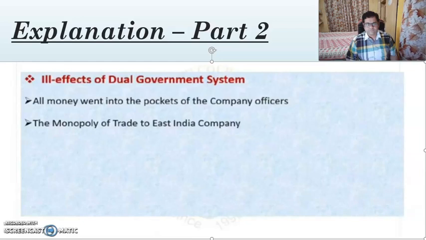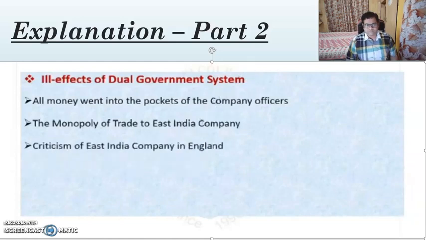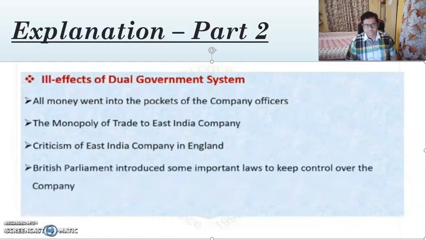It means they did not like this. The working system of East India Company was criticized in England, and British Parliament introduced some important laws to keep control over the company.